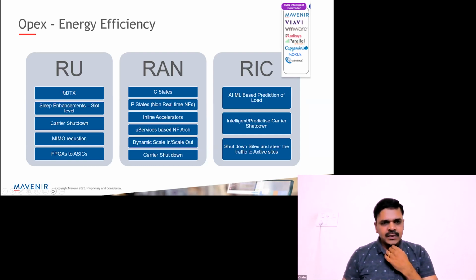The first thing is micro DTX, which is more of a symbol by symbol approach: how do I put the radio into low power mode when there is no data to transmit in a given symbol? Which means the granularity is almost 35 microseconds in case of 30K subcarrier spacing and 77 microseconds as the granularity of putting the radio into low power mode.